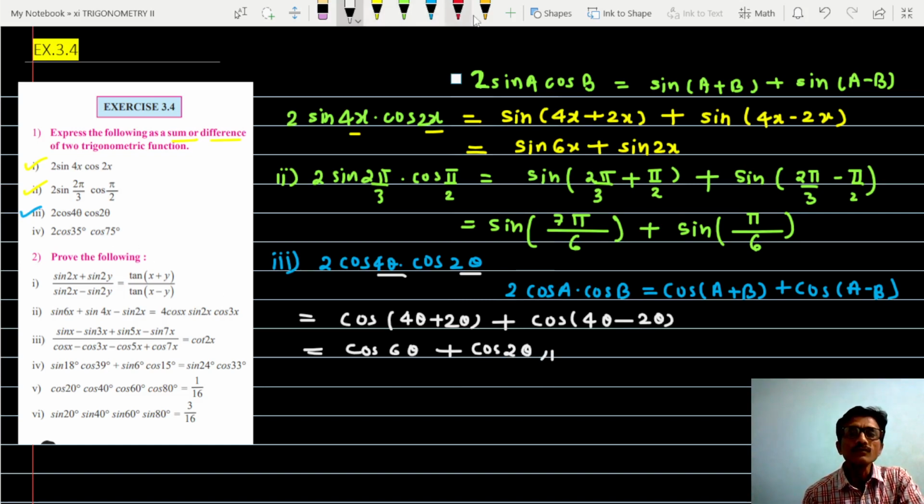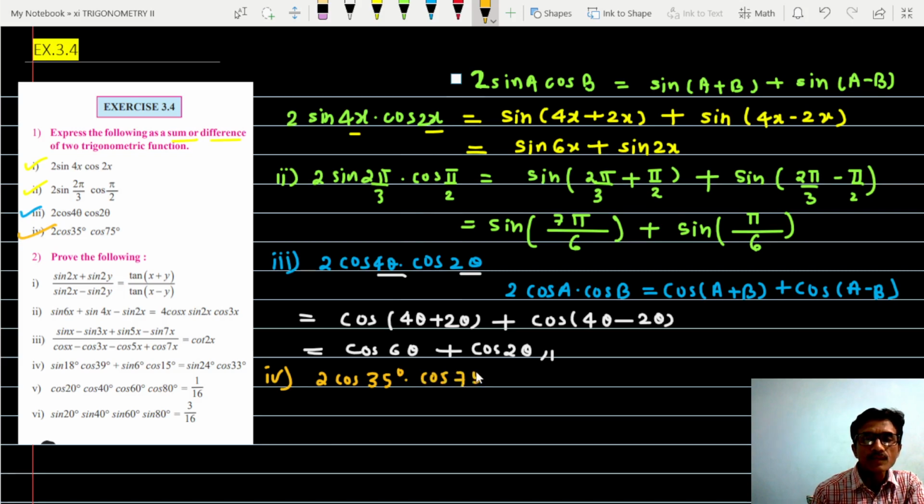Next question we'll do. The fourth one is 2 cos 35 degree into cos of 75 degree.